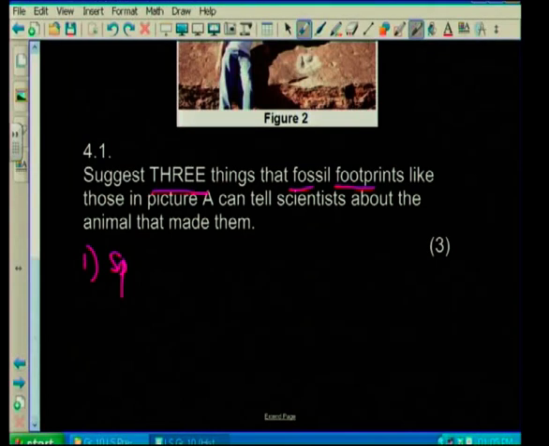Is it a vertebrate with a proper skeleton, like a dinosaur? Or was it a soft-bodied animal that left only the pattern of its outer shape onto the rock? So it can tell you to which species the animal belonged.